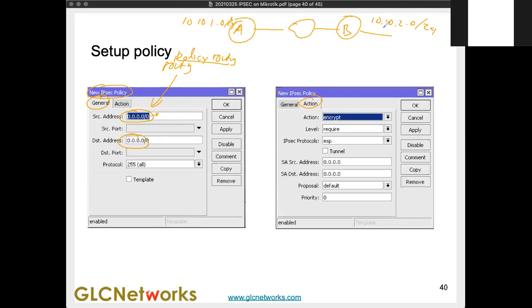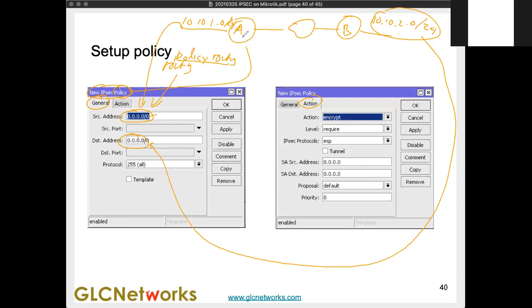So here is the destination here. Oh, sorry. That's the opposite. Okay. So here you set up a policy, put it here, and here's the source and destination. So this is the security policy on router A. Okay. So this is how you set up policy.